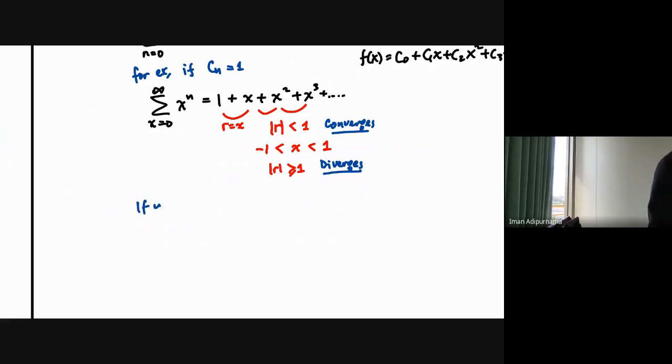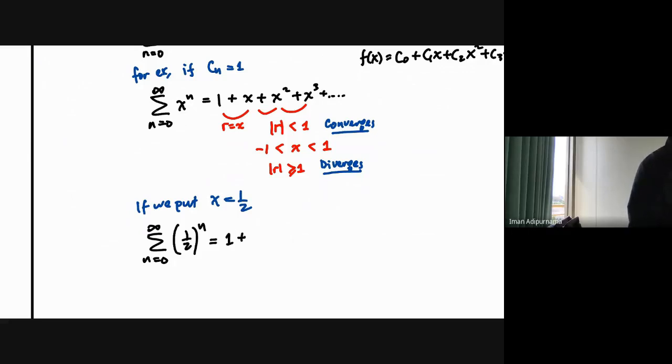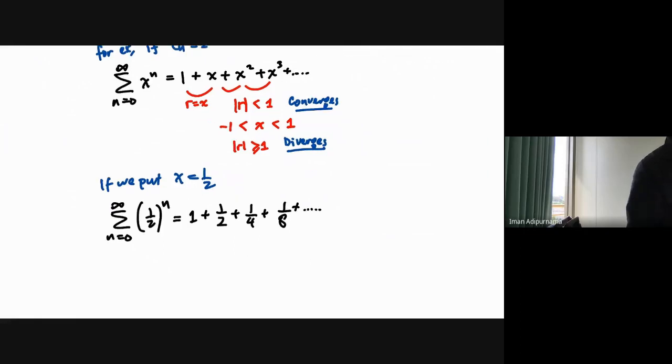If we put x equal to half, sorry, it's half to the power of n, starting from 1 plus half plus and so on.